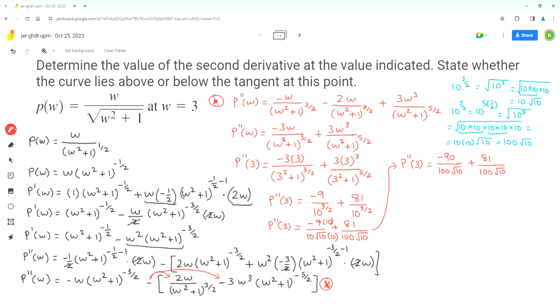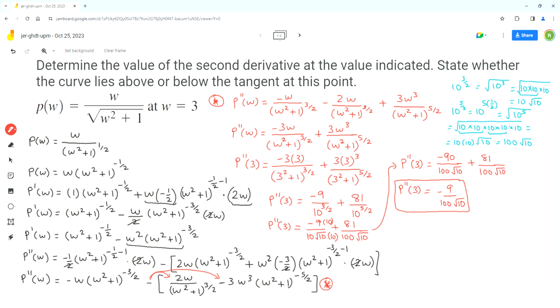In the denominator, when we multiply by 10, the 10 multiplies with the 10 that's outside the square root. Now we can combine these fractions because they have the same denominator. So negative 90 plus 81 is equal to negative 9. So this should be the final answer for the value of the second derivative at w equals 3.